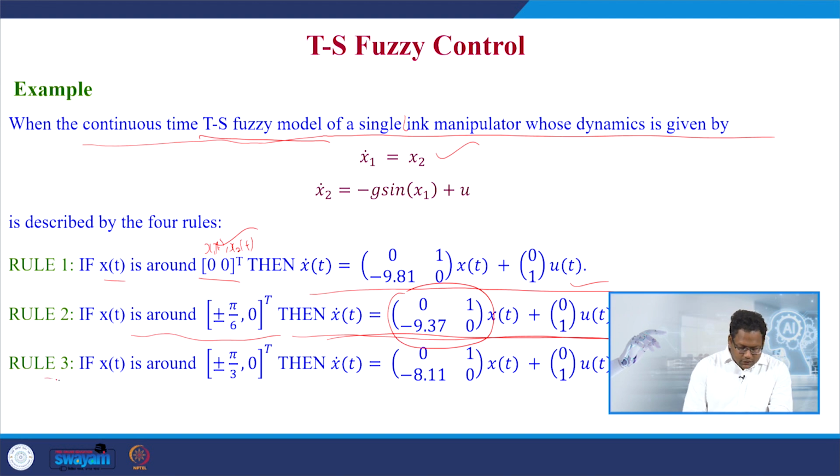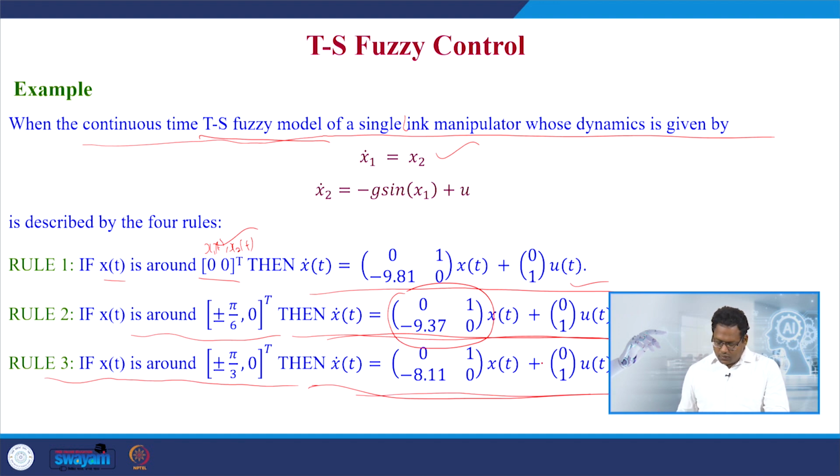Likewise, rule 3 has the linearized model if x of t is around plus or minus pi by 3 and 0, then x dot of t is given by 0 1 minus 8.11 0 and 0 1 for B matrix.